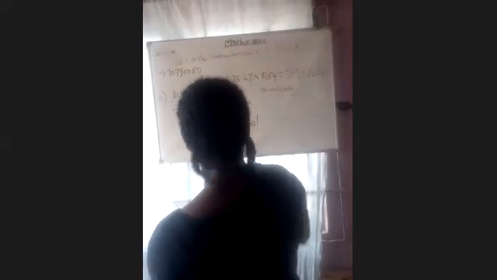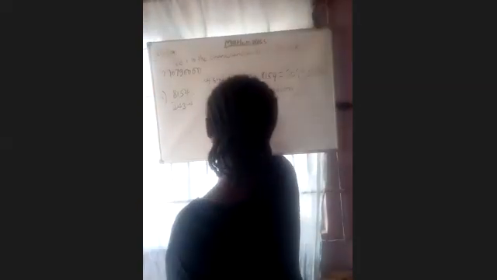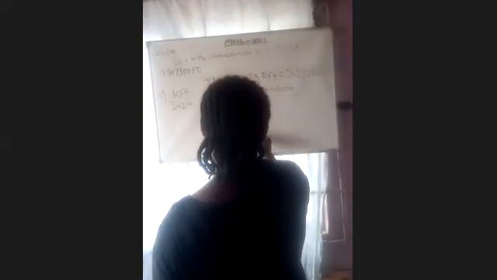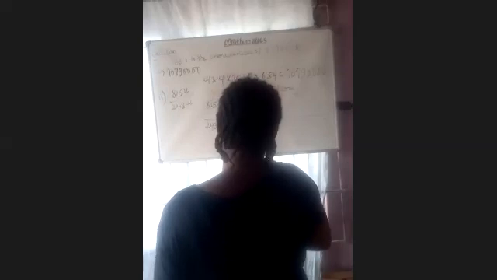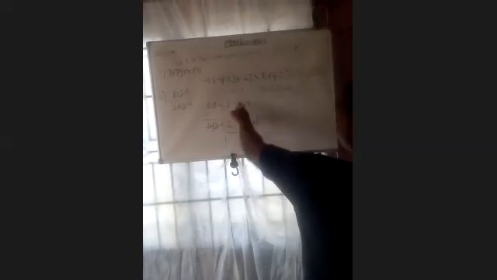Now, the sign between these numbers is division, and in logarithm, division changes to minus. So we put our minus, and when we subtract, we have 4 minus 3, 1. 1 minus 6, that's not possible. 1 minus 8, not possible. So we have to borrow 1 from 9 here.